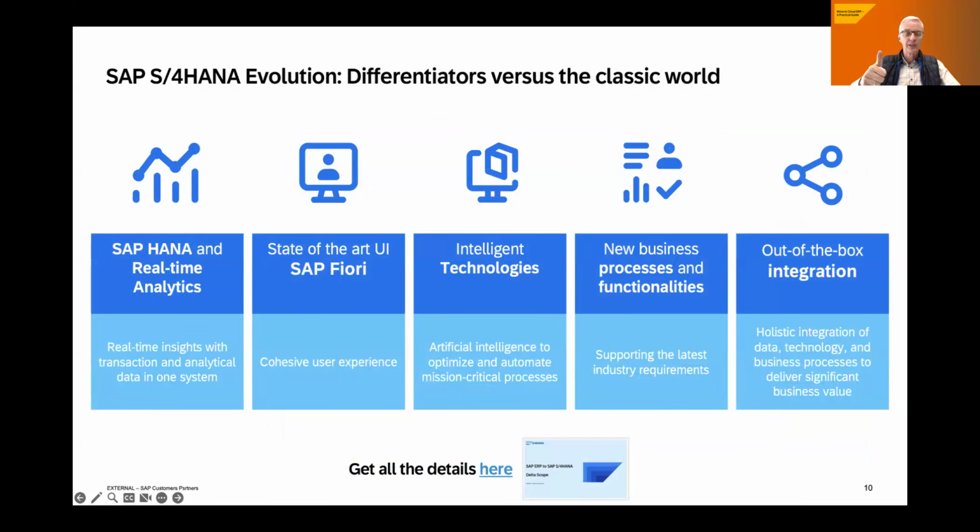So for procurement, for manufacturing, for sales, etc., explaining what each of these 5 differentiators mean in the respective LOB context and giving examples. Next slide, please. Thank you, Kana.